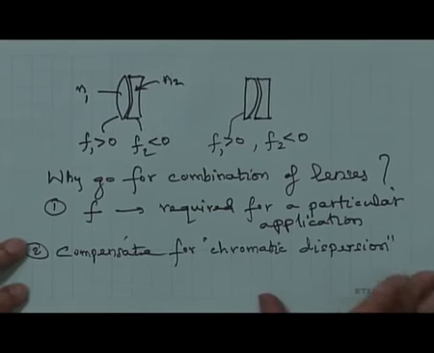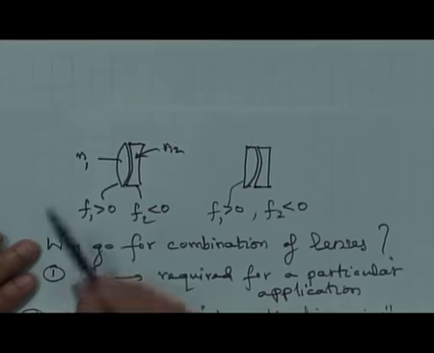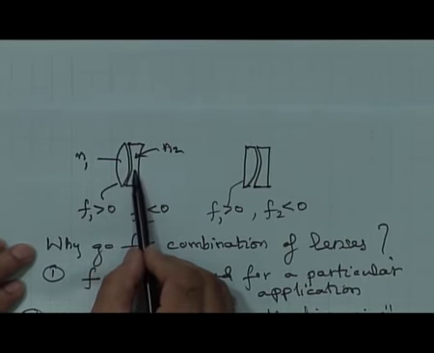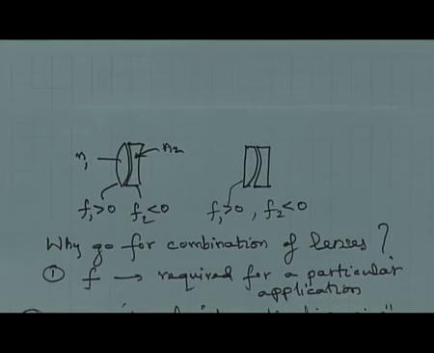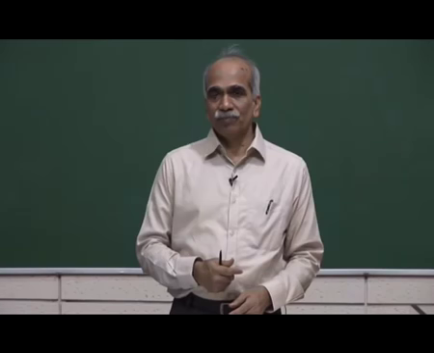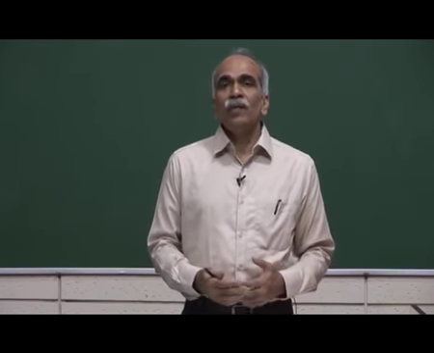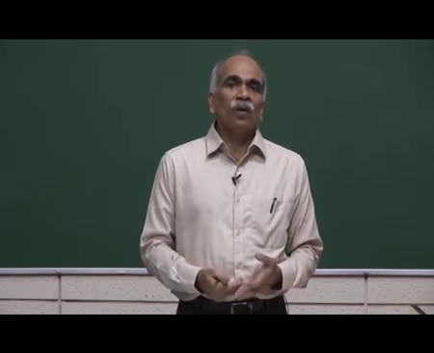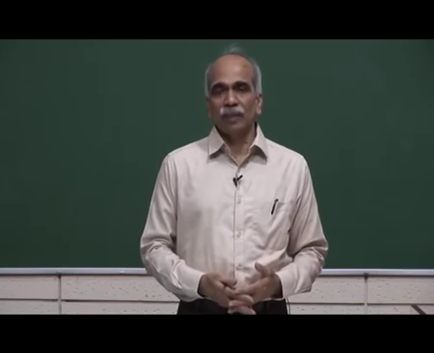Every material has a certain dispersion. This material has a certain dispersion, and this material has a certain dispersion. Dispersion refers to the refractive index seen by different wavelengths of light. Different wavelengths of light will see different refractive indices. This is called dispersion or chromatic dispersion.